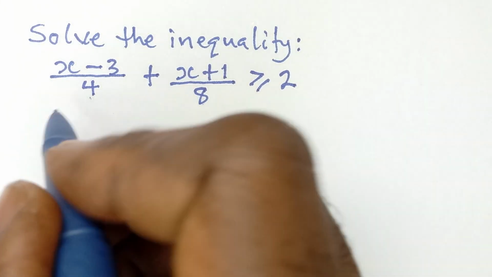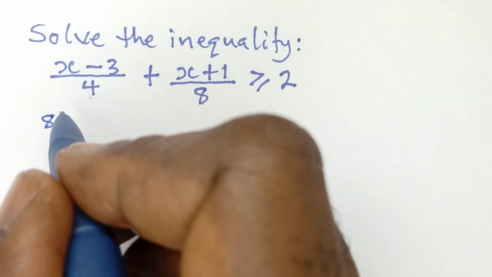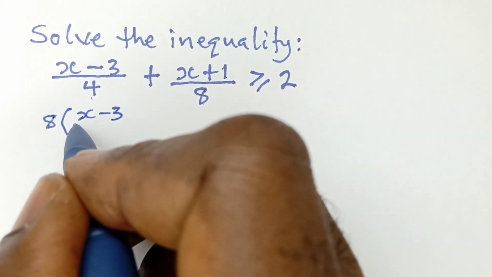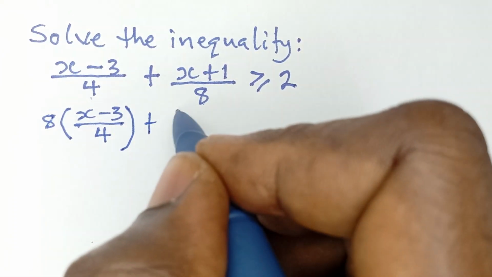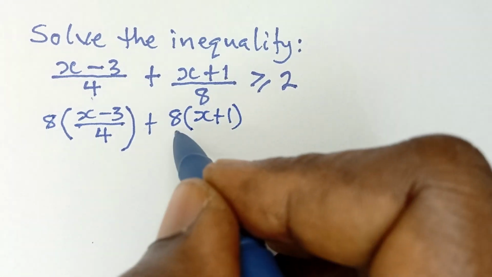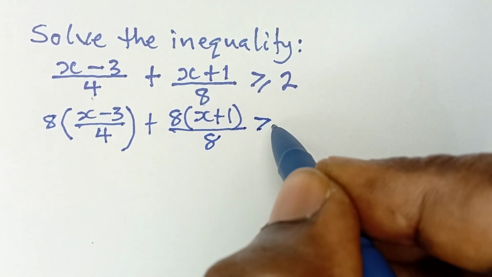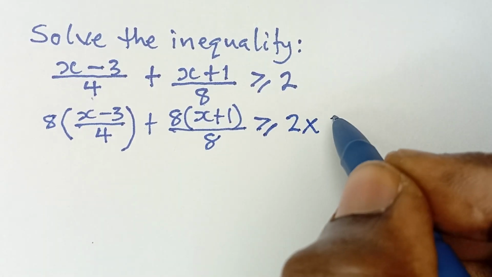So that will give me 8 multiplied by (x minus 3) over 4, then plus 8 multiplied by (x plus 1) all over 8, and that will be greater than or equal to 2 multiplied by 8.